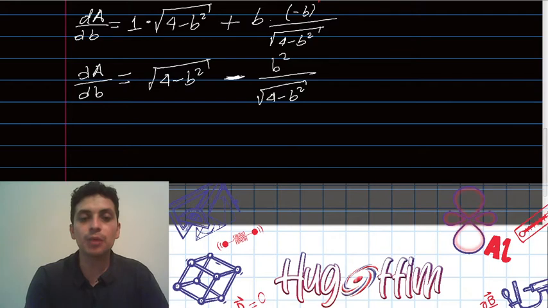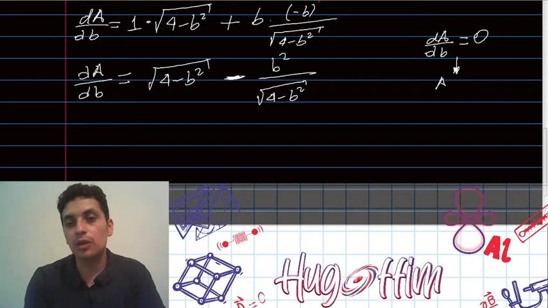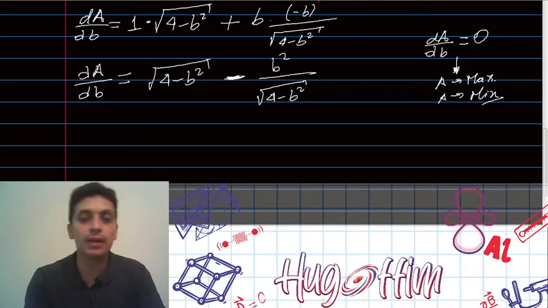We have this expression, and to answer our question, that is to maximize the area, we need to set the derivative equals to 0. So remember that when you set the derivative equals to 0, it means that the area is maximum, or you're telling that the area is a minimum. Okay, you have these two choices.